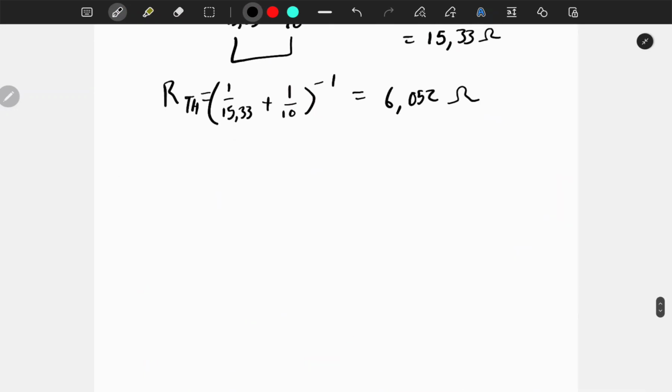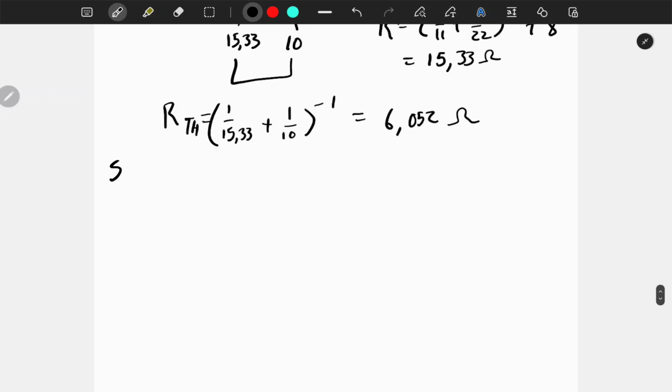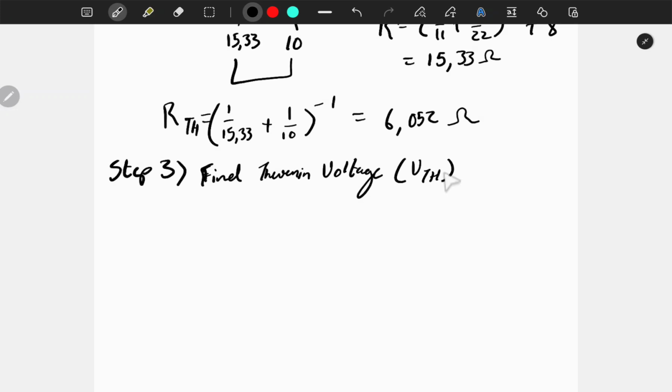So now for the final step, step number 3, you will need to find the Thevenin voltage, which is VTH, right?